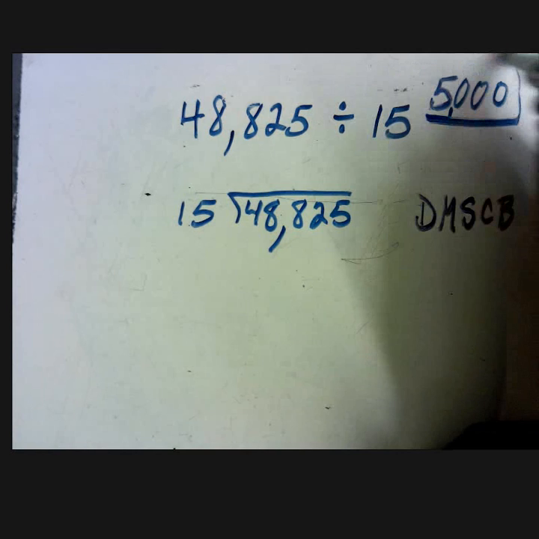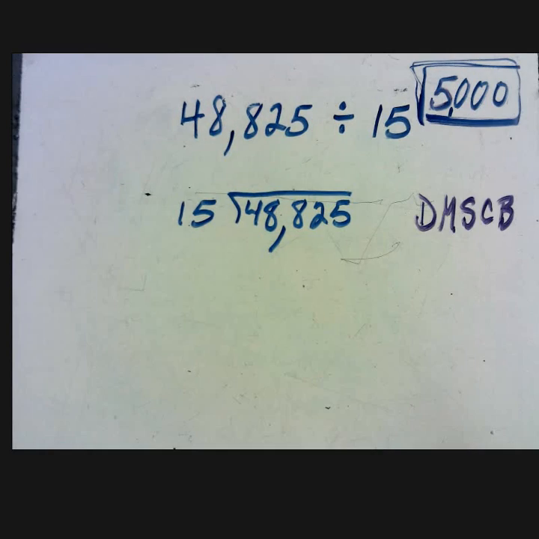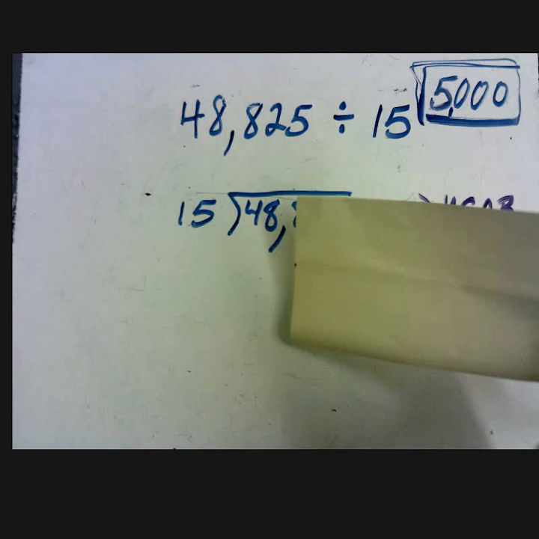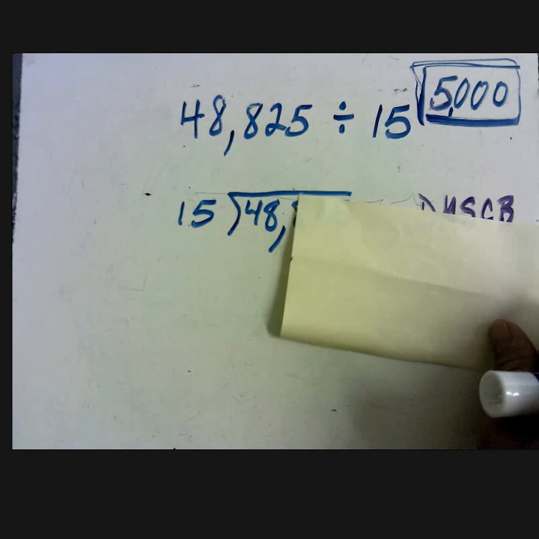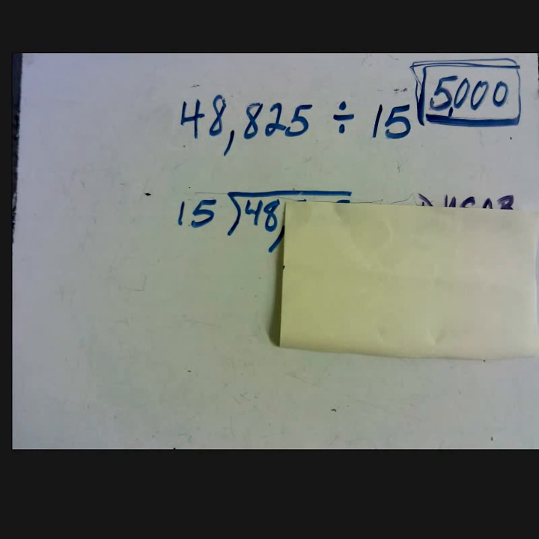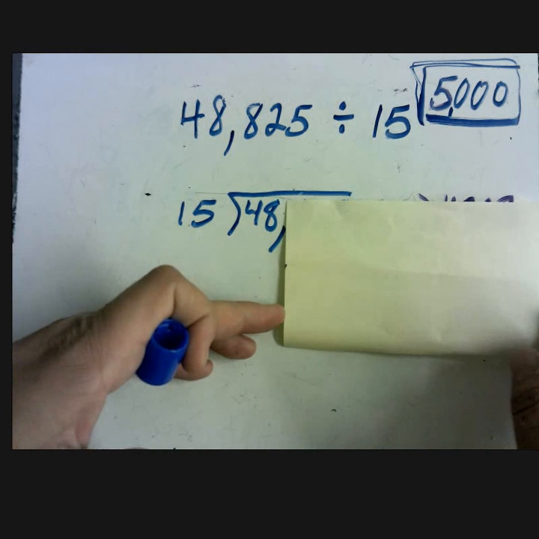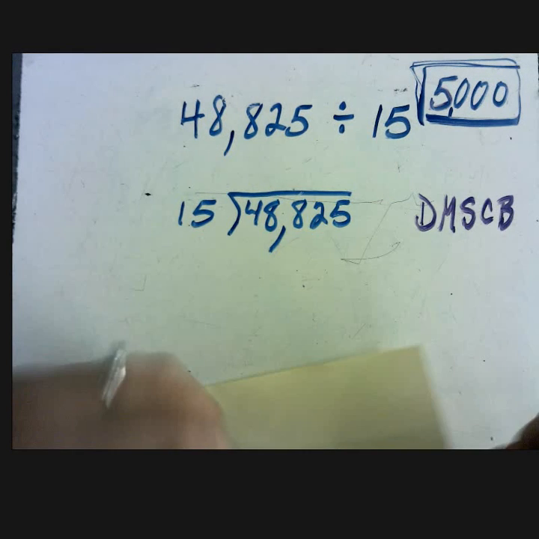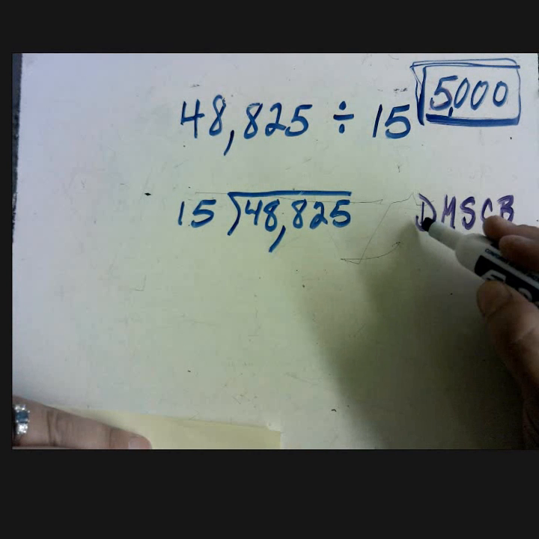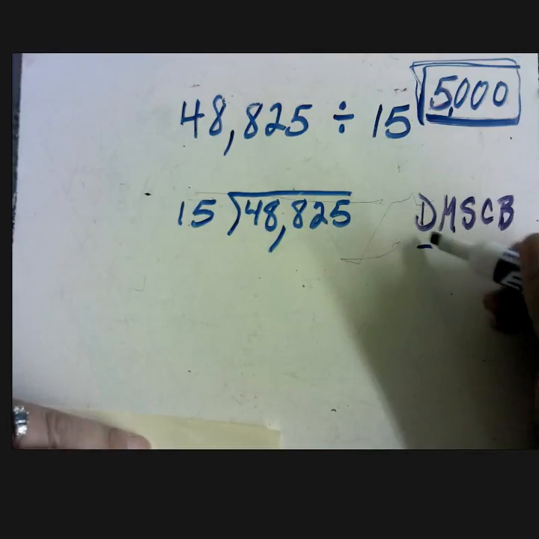All right. As we did with multiplication, I think it's probably a good idea to use either an index card or a sticky note here and cover up the numbers that you're not working with at the time. So I am going to use that in this video just to show you how that works. Now you'll see these letters here, D, M, S, C, B. That is so I remember to divide, multiply, subtract, check, and then bring down.